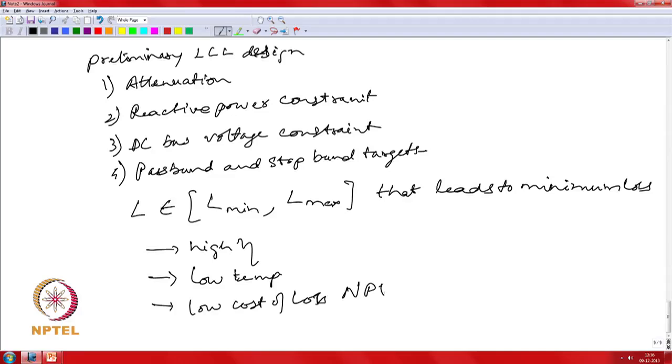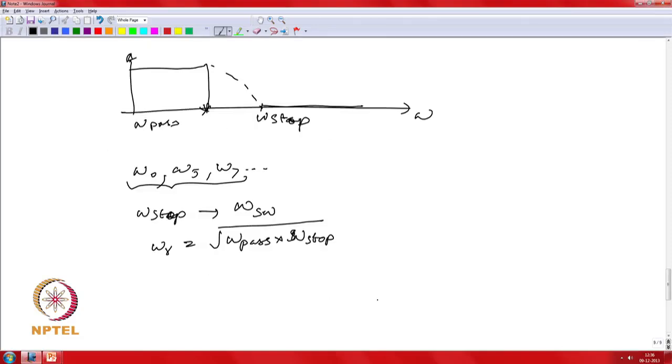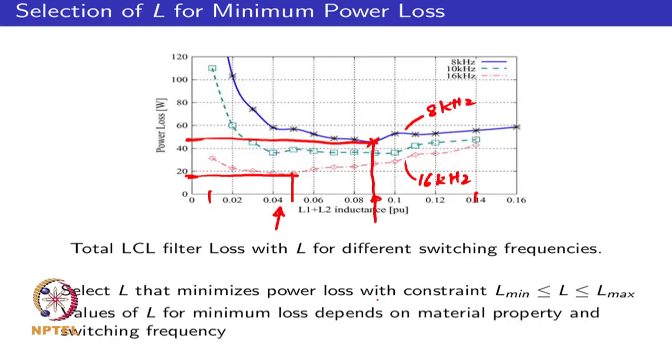Sometimes if you just go by the rule of thumb, you might end up selecting a larger value of filter inductor, but because you have done the analysis, you might actually be able to select a filter which has a lower value than initially thought, which reduces the initial cost too. So from multiple perspectives, you can end up with a better filter by doing a close analysis of what would be the power loss and the thermal rise in your filter.